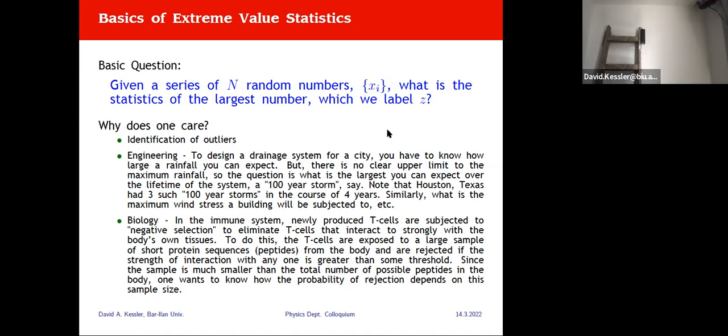That's what he spent his entire career on. But so you have an experiment and you have data points, and you have one point that's out there, and the question is, is that some error? Is it an outlier, or is it just the largest number?